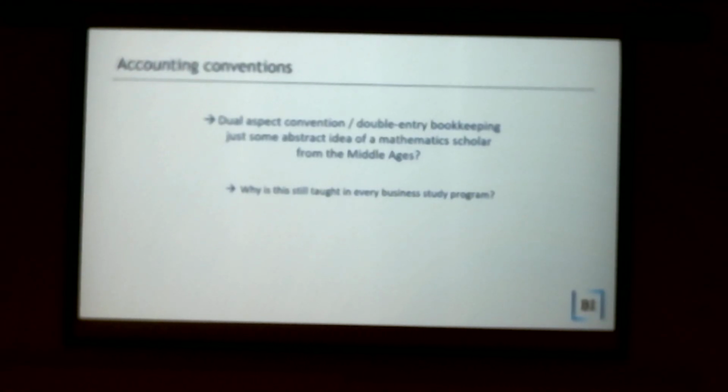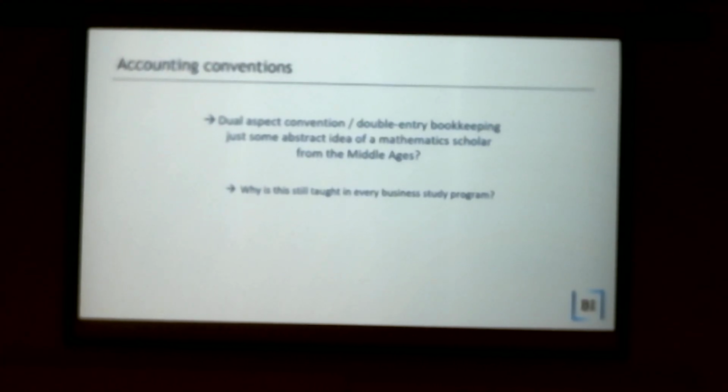To spot errors? Yeah, so it's a system that prevents errors. Can you explain why? Yeah, in the end, everything needs to cancel out, right? Needs to balance, and as soon as something does not balance, you realize that something went wrong.